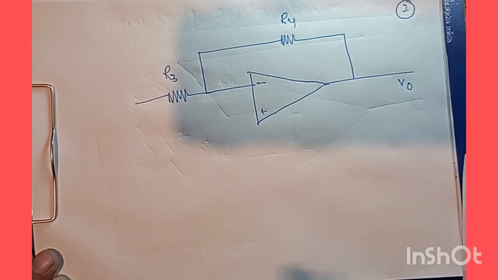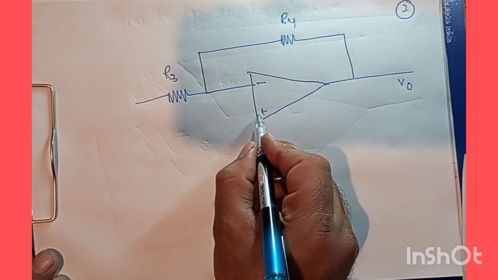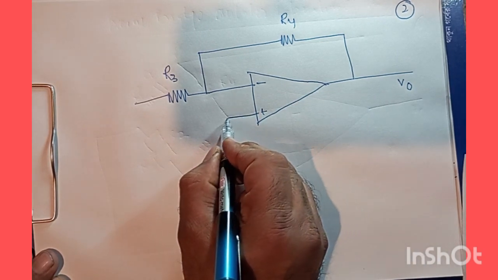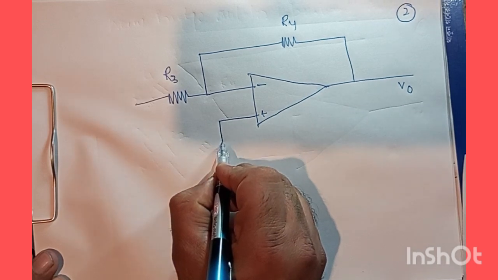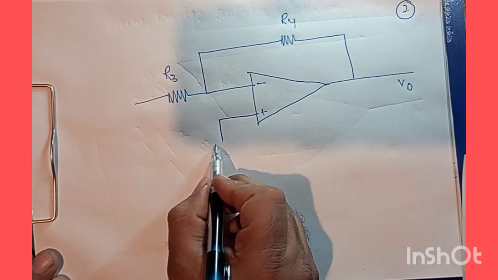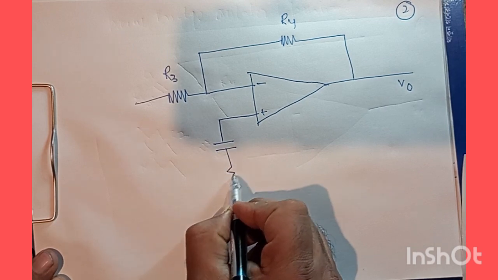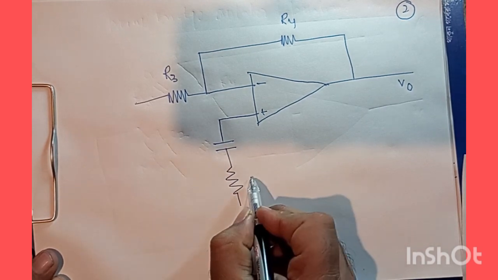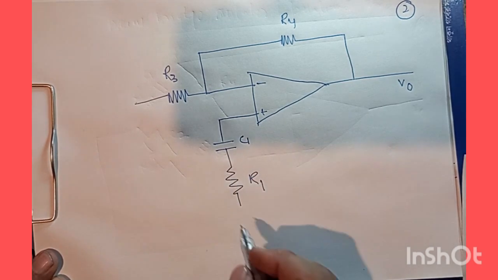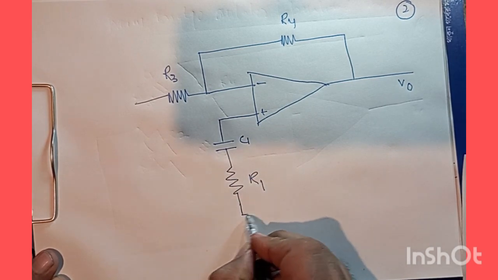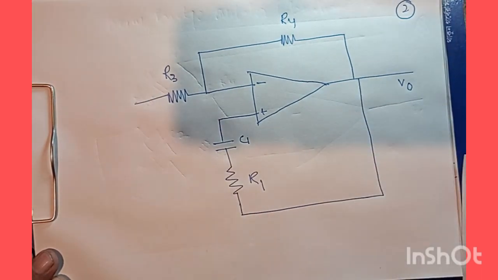And now what should I do? I should go with this terminal and look for the series combination of C1 and R1. This is R1 and this is C1, and I can connect it back here.